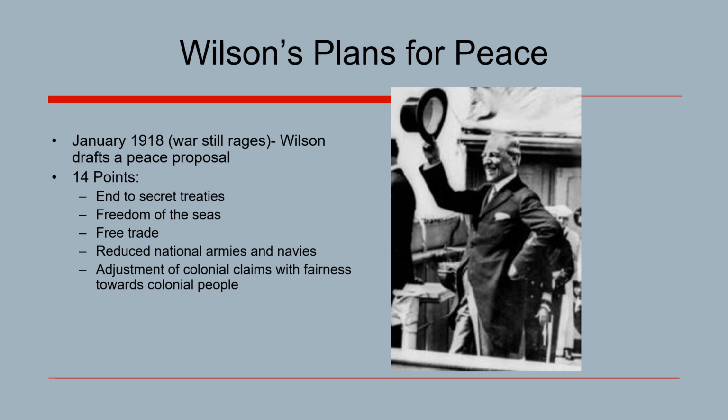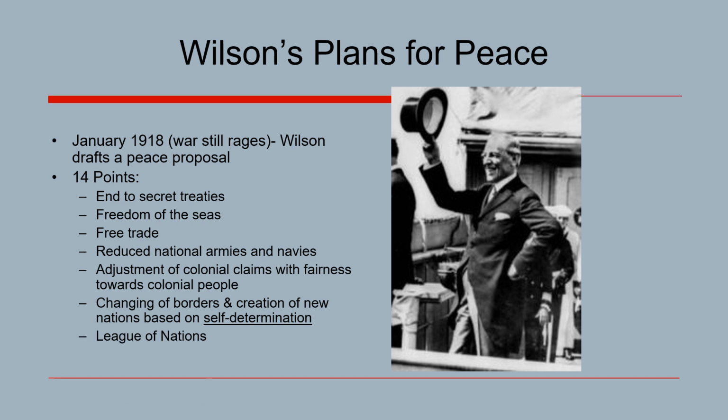Adjustment of colonial claims with fairness towards colonial people. Sounds nice. Changing borders and the creation of new nations based on self-determination. Self-determination is the idea that the people within a given land area should be able to determine their political system. Crazy idea. The most important of his 14 points is the League of Nations.